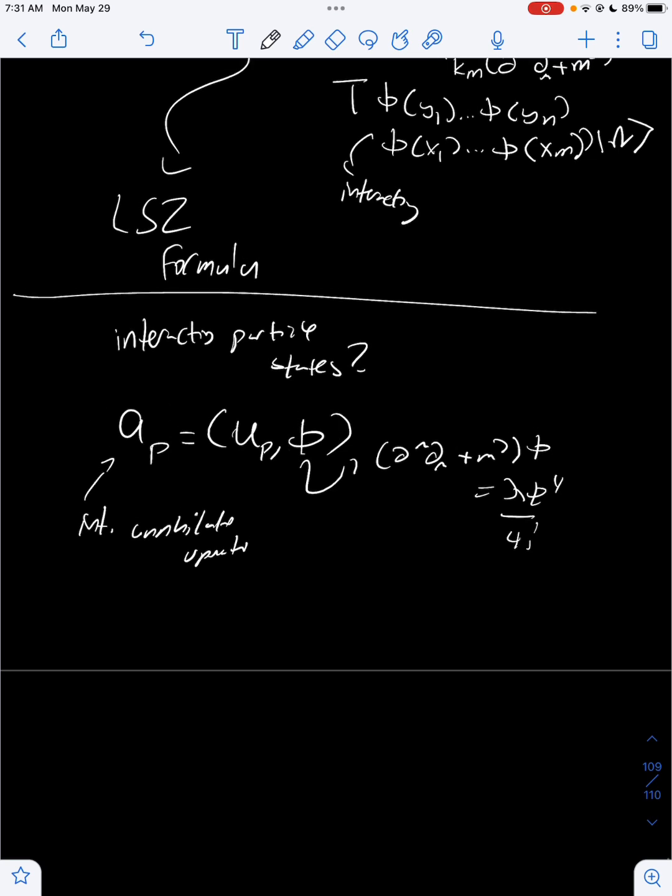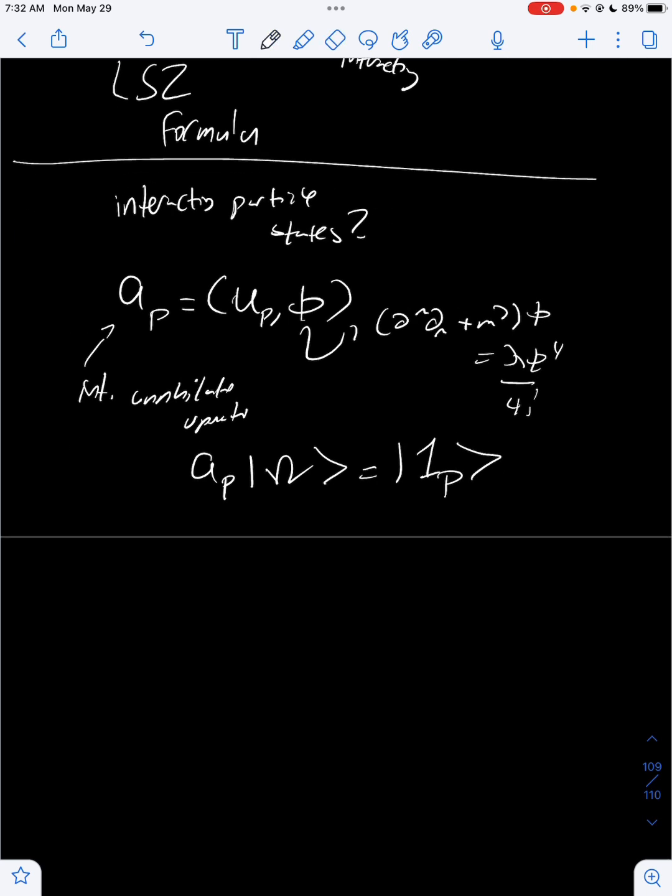And basically, we said that A of P will act on the interacting vacuum and hopefully give us one particle with momentum P that satisfies the interacting momentum eigenvalue equation. But we don't actually know if it will do that.